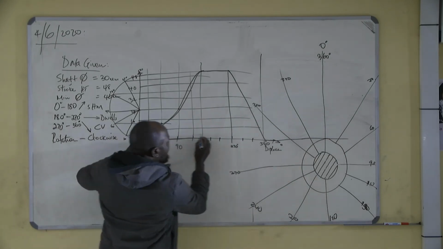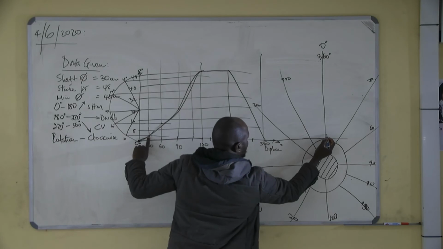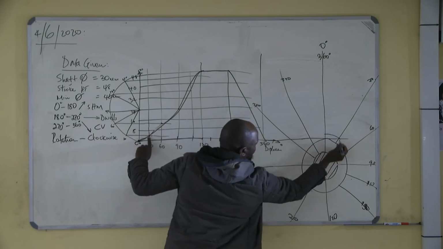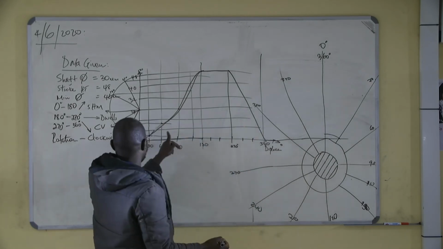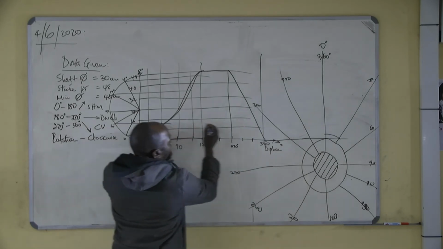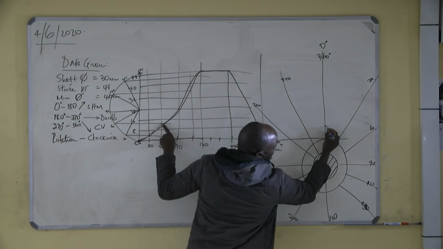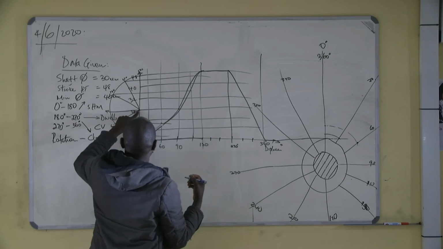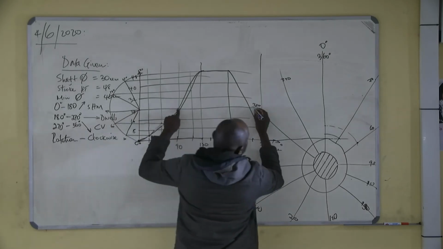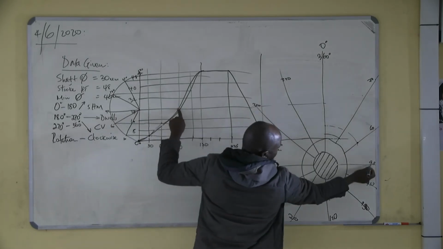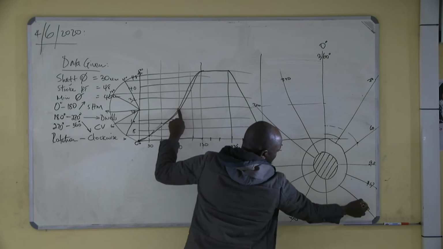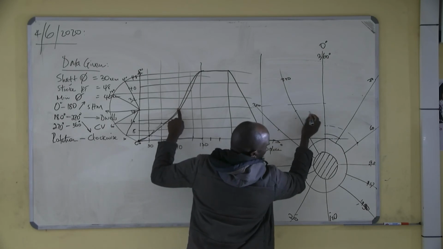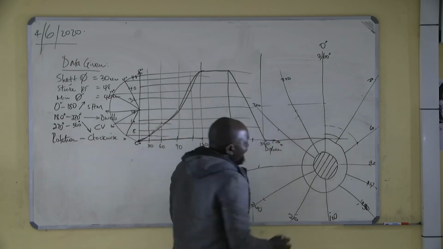Our first point, of course, is there on the 0. The second point, we project that line. And then with your compass, you will have your point there. The second point where it crosses the 60, you project that point there, and then you mark where it crosses the 60. You go to the next point, project it to that 90, and then you mark all your points.